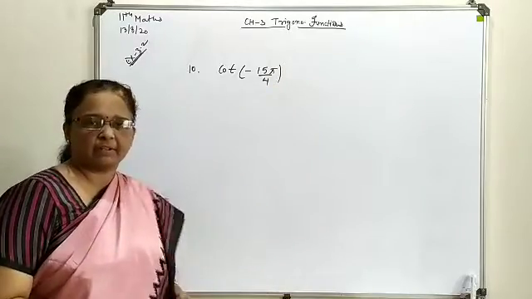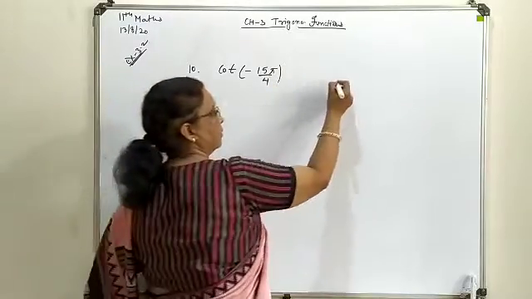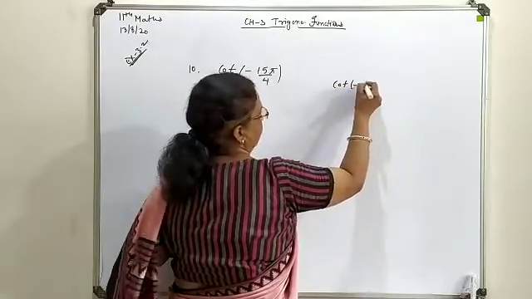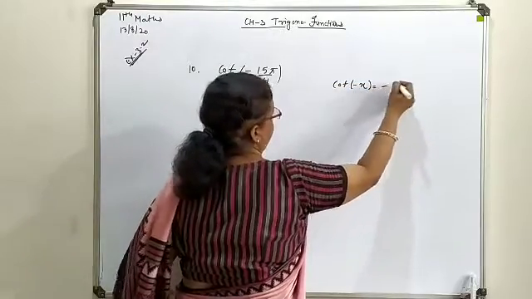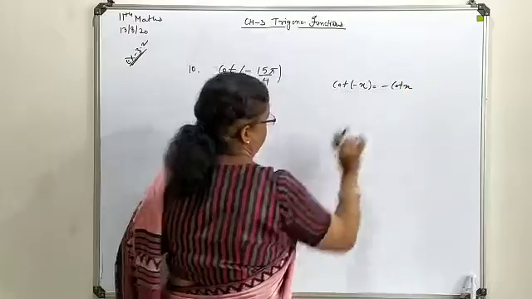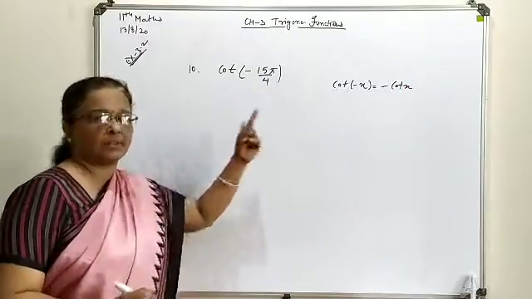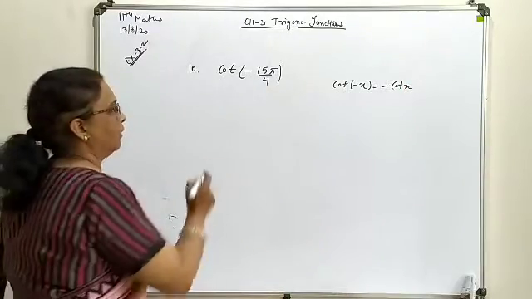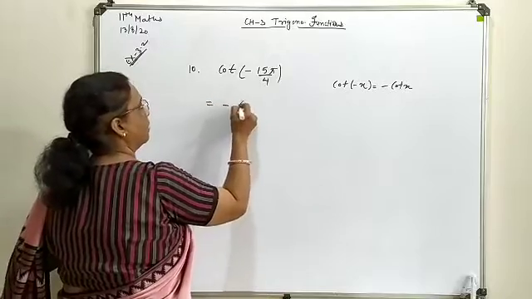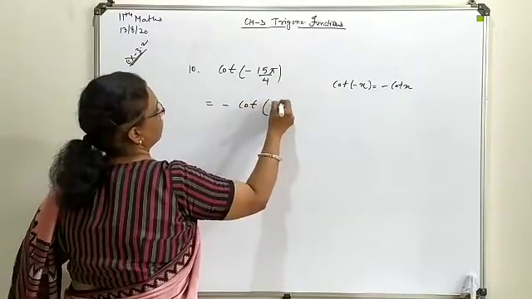In the last class we wrote one thing, that cot of minus x was written as minus cot of x. So here also the same, this minus sign will come out as a multiple of your cot term.